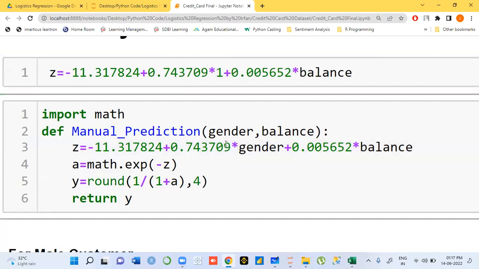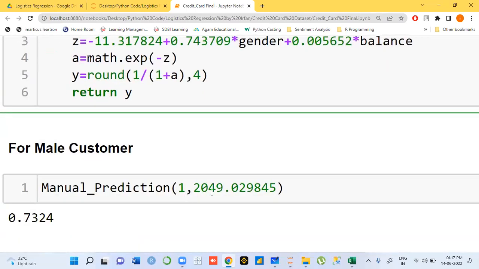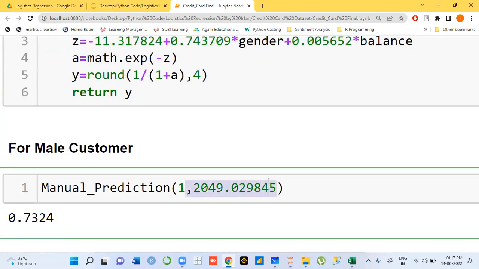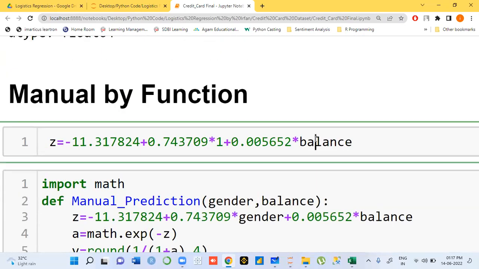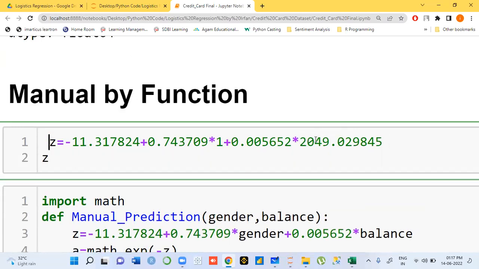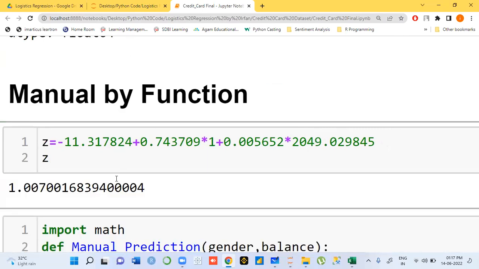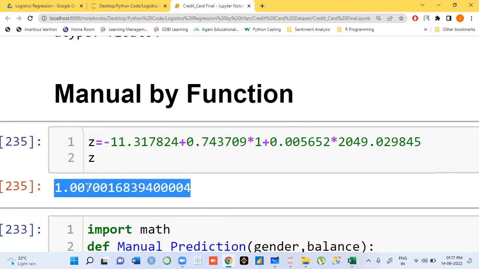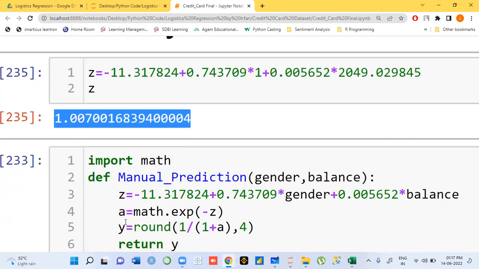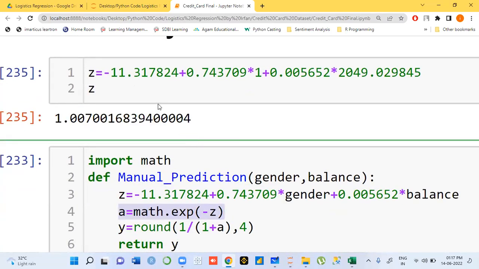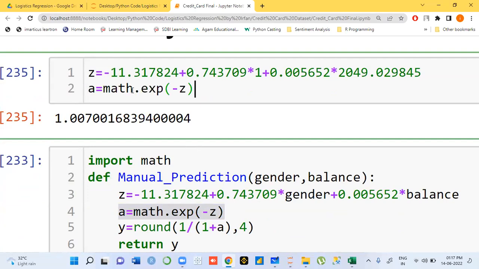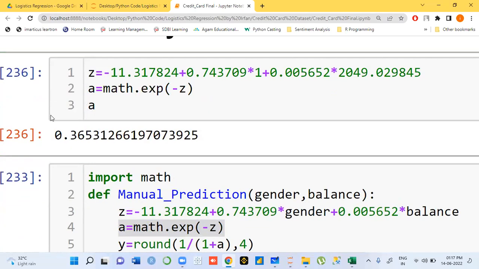Gender was 1, and how much balance we have taken? This much. What is the value we get over here? If you can see, what is the value z has? 1.0. So I just take the exponential of this. What is the value of A?